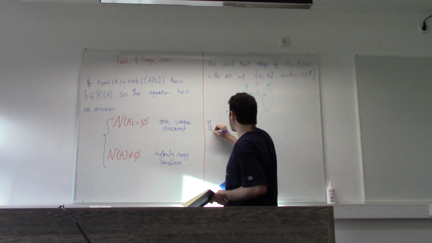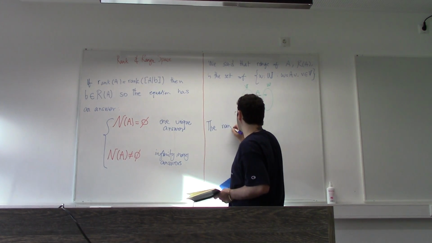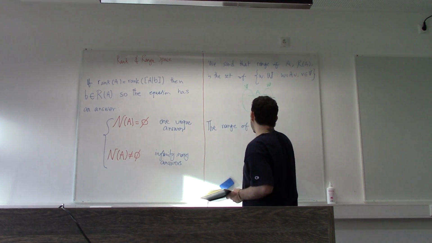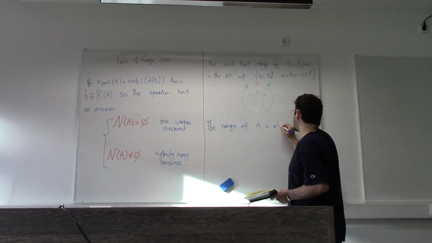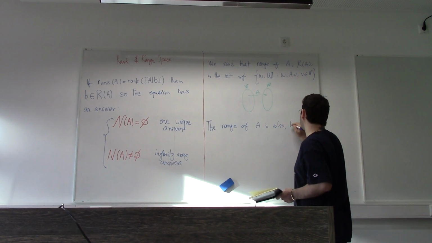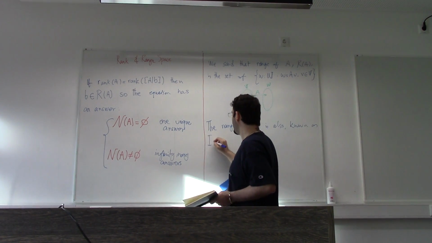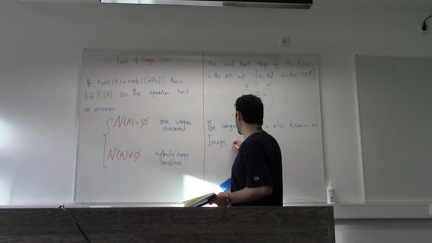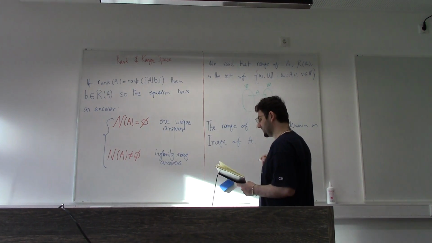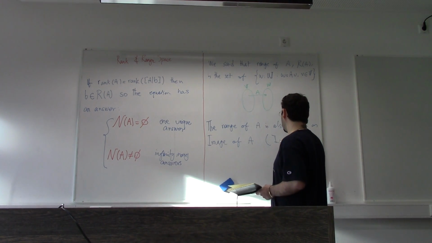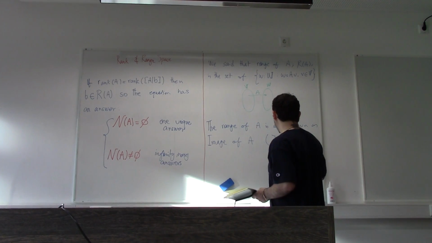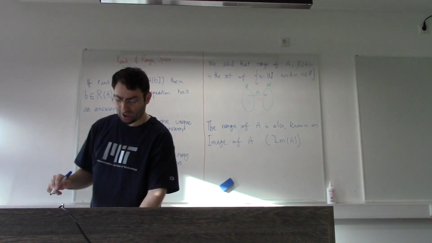In some books, they say that the range of A is also known as the image of A, and they show it by Im A, but we stick mainly with RA.